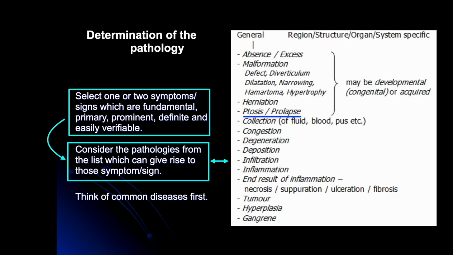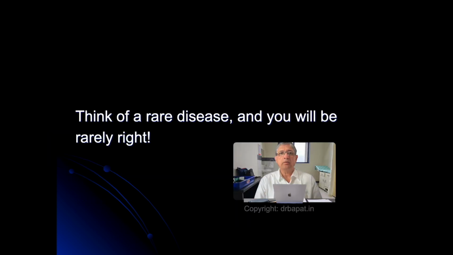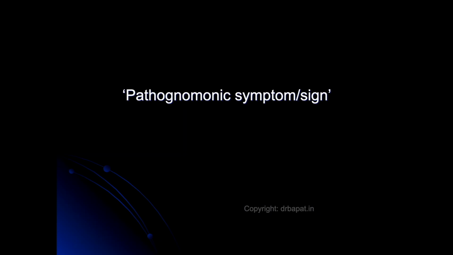While doing so in practice, always think of common diseases first. Think of a rare possibility and you will be rarely right. Think about rare disease only if all common possibilities are ruled out. Sometimes a pathognomonic symptom or sign may be present which then leads to the diagnosis effortlessly.